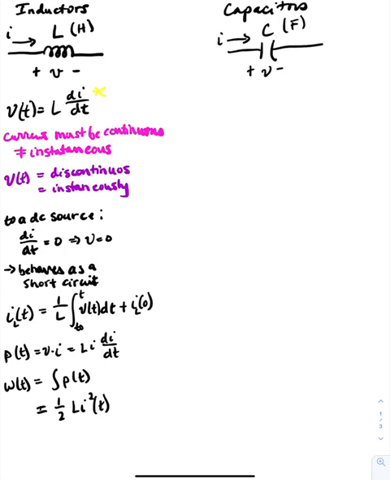So the negative terminal is usually drawn with a curve, and the positive terminal is usually drawn with a straight line. The primary equation for capacitors is current. So the current through a capacitor is the capacitance times the change in voltage across the capacitor over time.